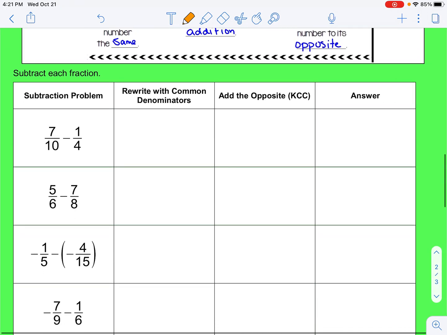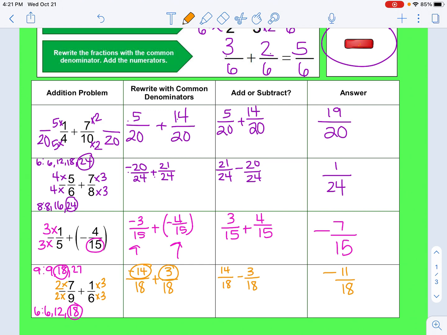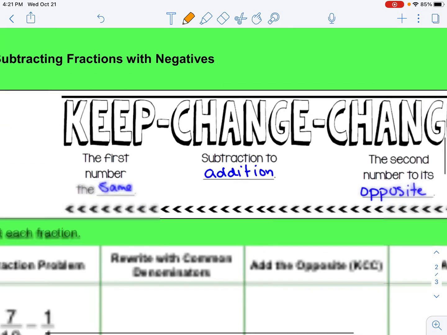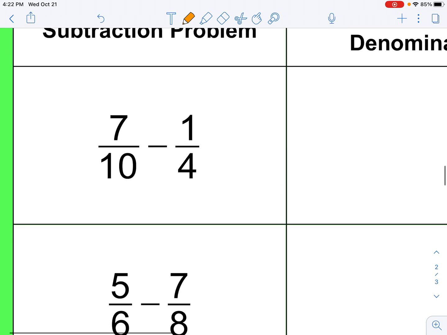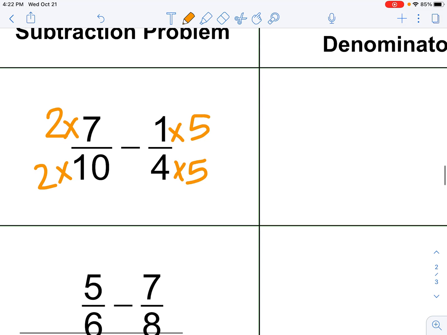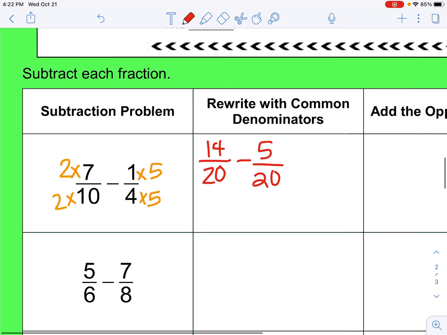And if you notice, these first couple are exactly the same as these ones up here, denominator-wise. So we already know that for 10 and 4, our common denominator is going to be 20. 4 times 5 gives me 20, and 10 times 2 gives us 20. So now let's multiply. 2 times 7 is 14 over 20, minus 1 times 5 is 5 over 20.